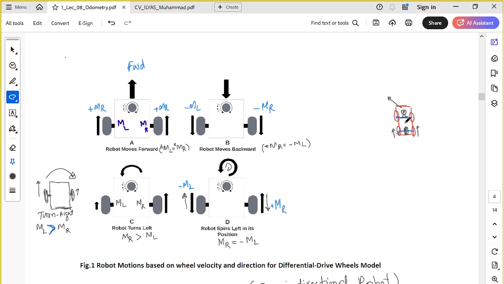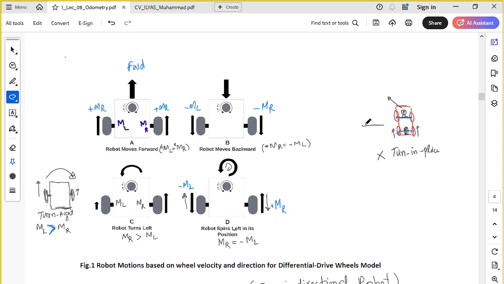So you cannot do the turn in place motion, but you can turn leftwards, rightwards, forward, backward in car-like robots.